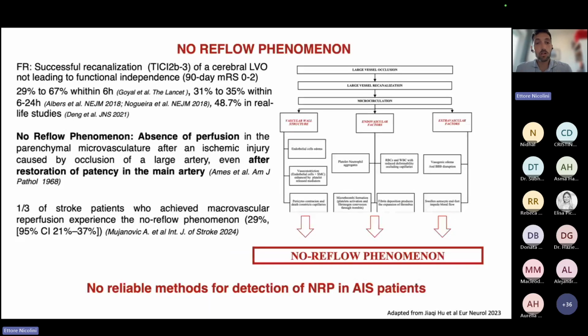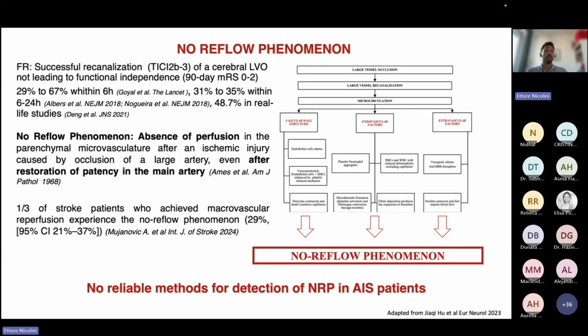Finally, we will talk about the no-reflow phenomenon. So we skip from the first and acute part of ischemic stroke, and we go to the setting after reperfusion. No-reflow phenomenon is one of the possible explanations of the futile recanalization.